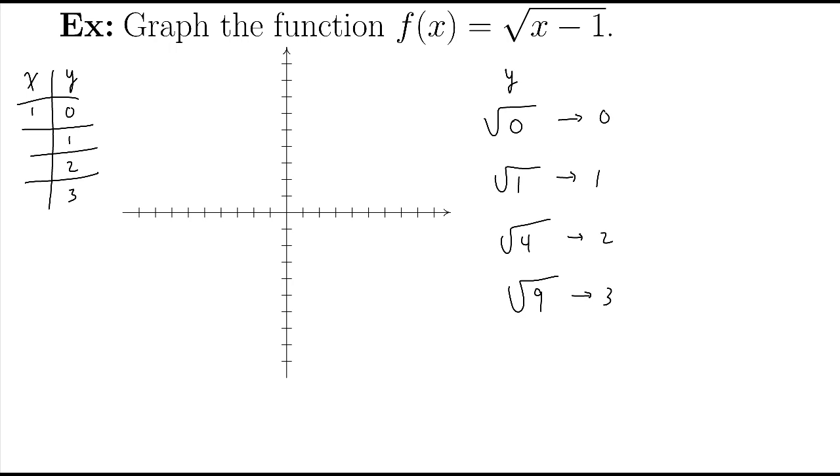So x minus 1 equals 1. What does x have to be? 2, right? Because 2 minus 1 is 1. I'm just adding 1, right? What minus 1 is equal to 4? 5. What minus 1 is equal to 9? 10. Okay, so that's how I made my points here.